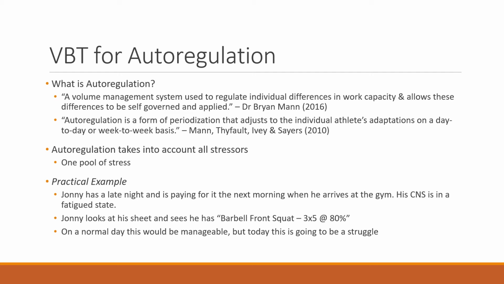A practical example of this is an athlete that has a late night the night before and is paying for it the next morning when he arrives at the gym. His central nervous system is in a fatigue state, and he looks at his sheet and he sees that he has barbell front squats and he has 3 sets of 5 reps at 80%. On a normal day, this would be manageable, but today it's going to be a struggle.